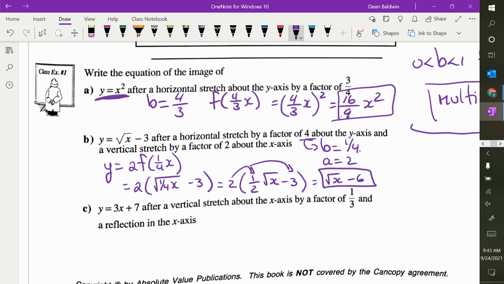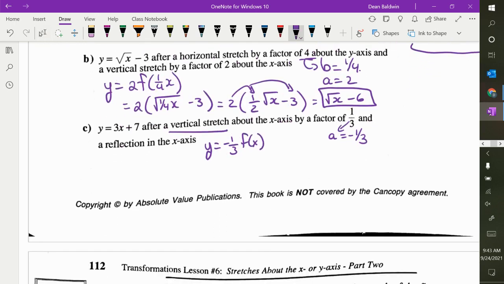All right, C. 3x plus 7, we do a vertical stretch by a factor of a third. So what's the third? It's vertical stretch, so that's an A value. And a reflection in the x-axis. So the x-axis is going this way, right? So we're changing the y's. So that means our A has to be negative. So A is equal to negative 1/3. So it's negative 1/3 f of x.